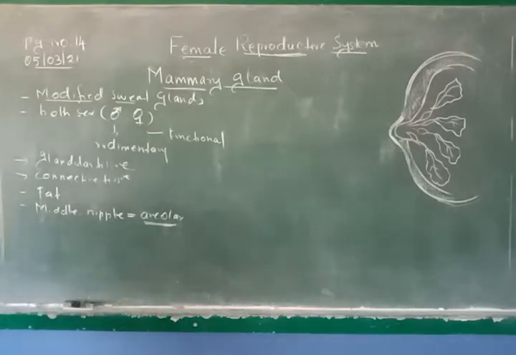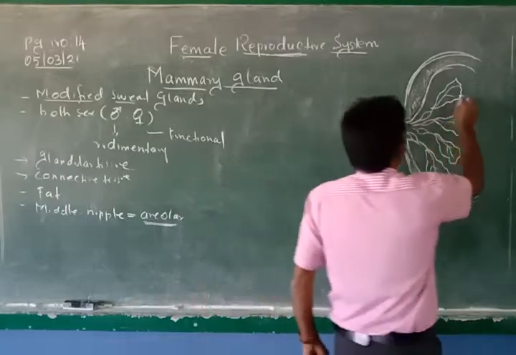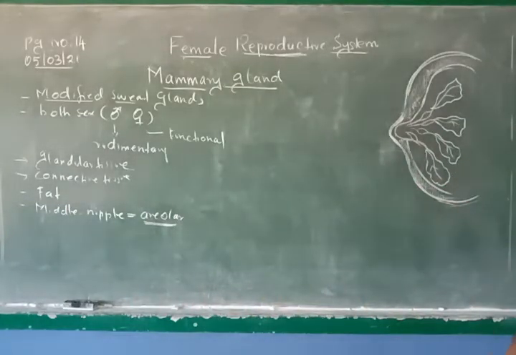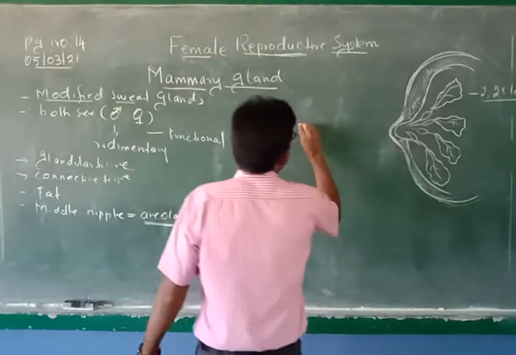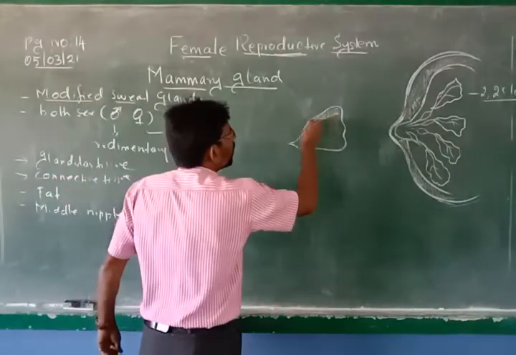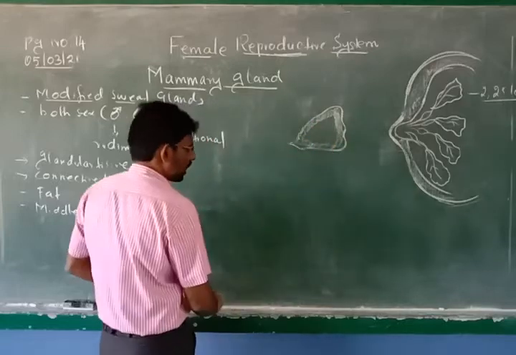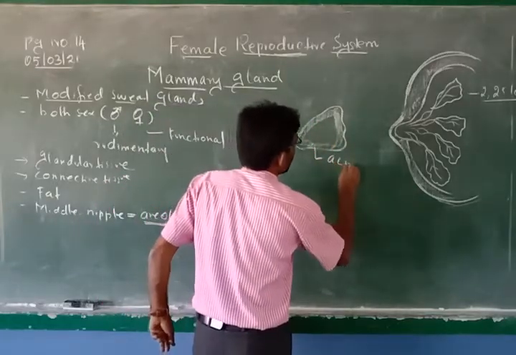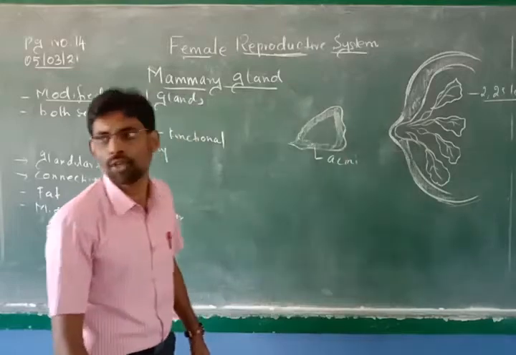Inside this you will have certain lobe-like structures, some 2 to around 25 lobes. Each lobe is lined with a layer of cells, and this layer of cells is called acini or alveoli.